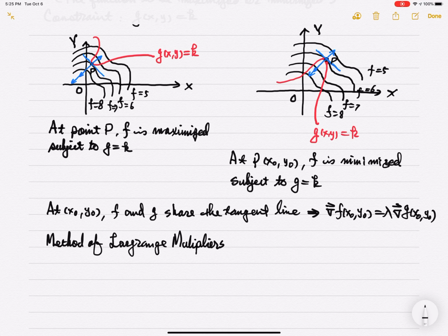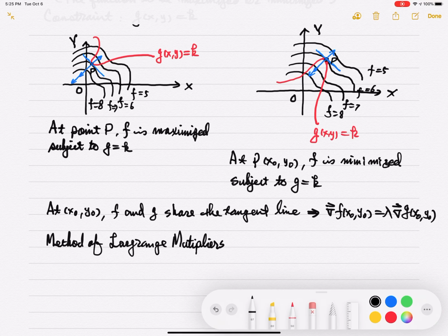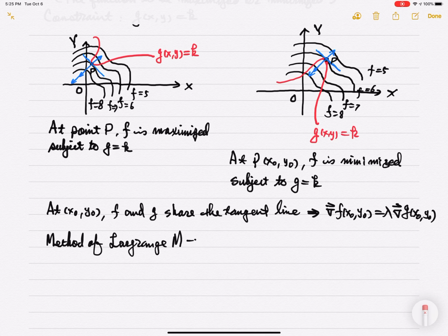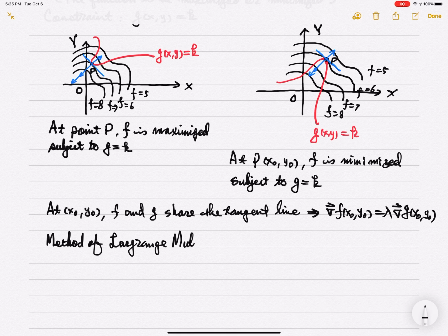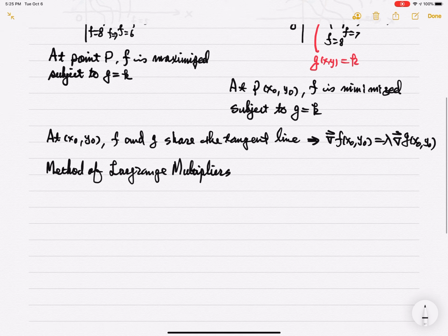Well, we say multipliers because later on we are going to look at the case where we may have more than one multiplier. Okay, so first of all, let's look at just one multiplier.